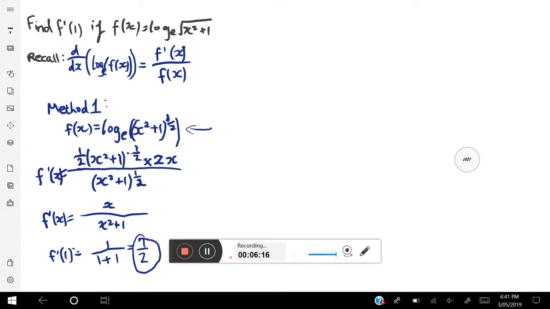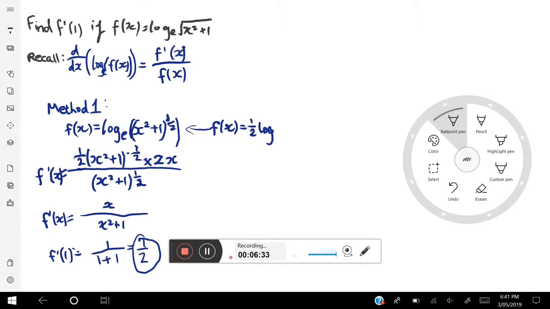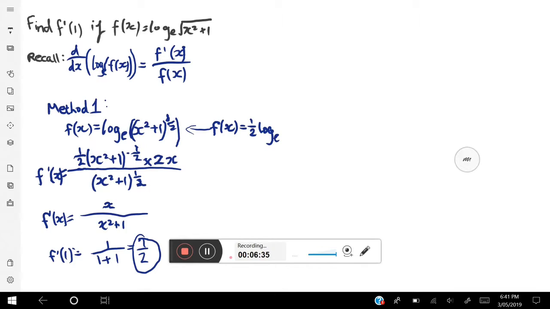We can rewrite f of x even further by saying that f of x is equal to a half. This is your log laws. We're not doing anything new here. Log e of x squared plus 1 to the power of a half is the same as bringing a half to the front. So a half times log e of x squared plus 1.